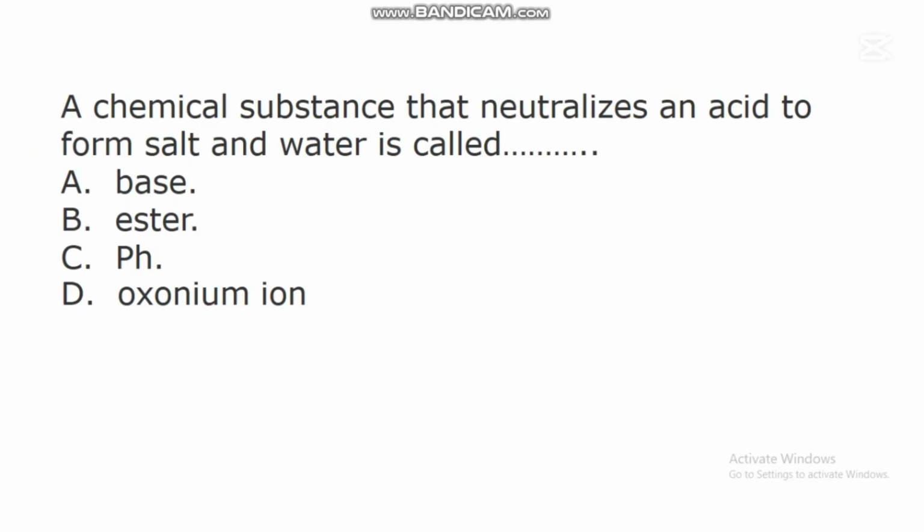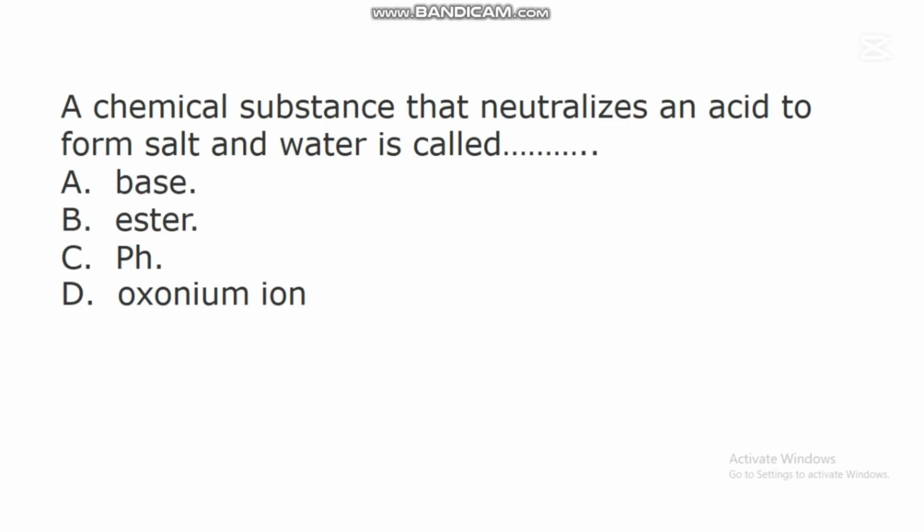The first question says, a chemical substance that neutralizes an acid to form salt and water is called dash. A. Base. B. Ester. C. pH. D. Oxonium ion.